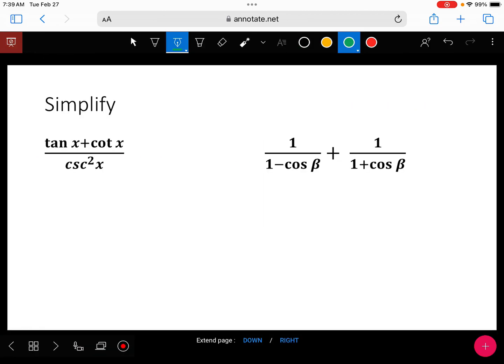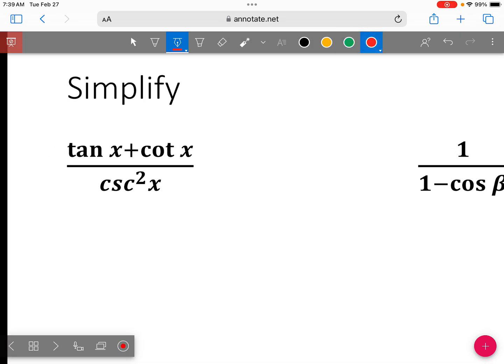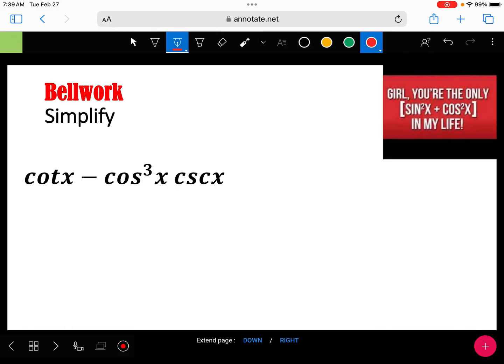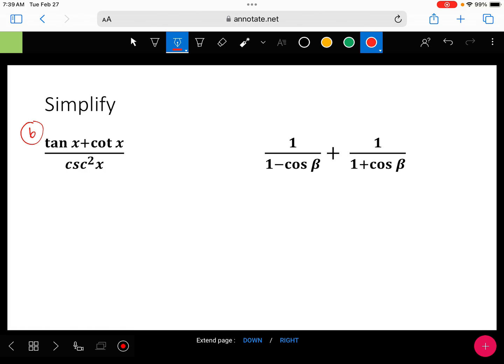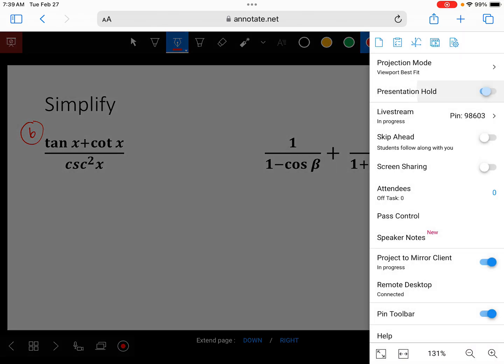All right. Go ahead and copy down number 6. And these are our last two for today.